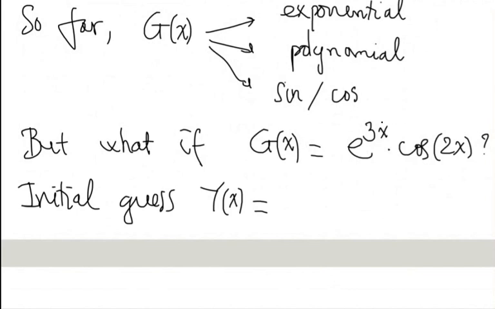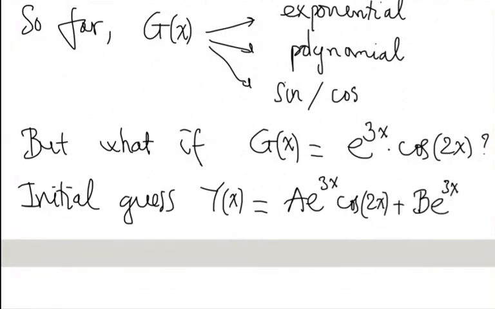Well, for exponential e to the 3x, our initial guess would be the same, e to the 3x, right? But for cosine, we need to have both sine and cosine. So for this problem, if g(x) is like this, then our initial guess would be a e to the 3x cosine 2x plus b e to the 3x sine of 2x.